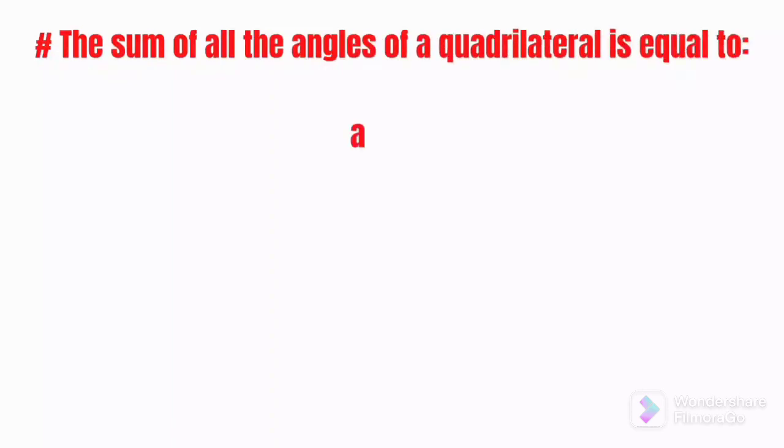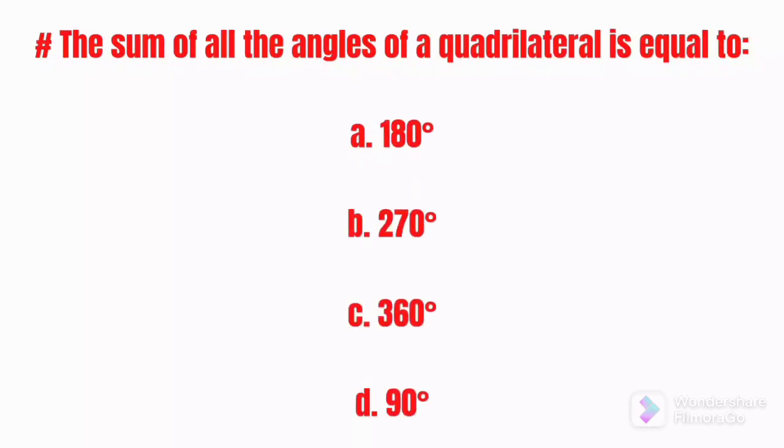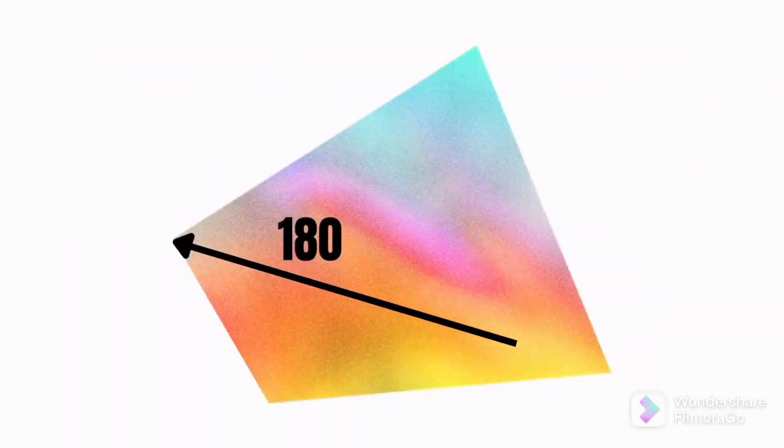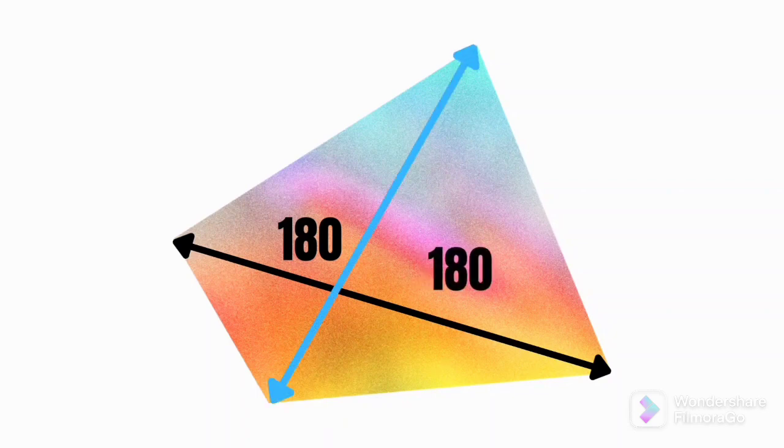The sum of all the angles of a quadrilateral is equal to A 180 degrees, B 270 degrees, C 360 degrees, or D 90 degrees. In a quadrilateral, there are two pairs of opposite angles, and we know that in a quadrilateral, the sum of opposite angles is equal to 180 degrees.